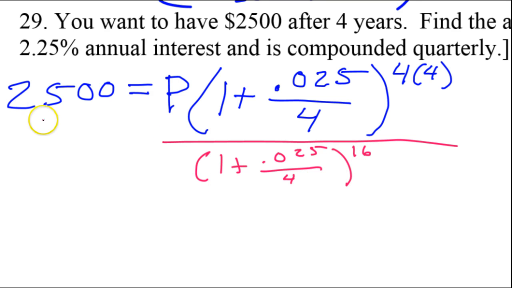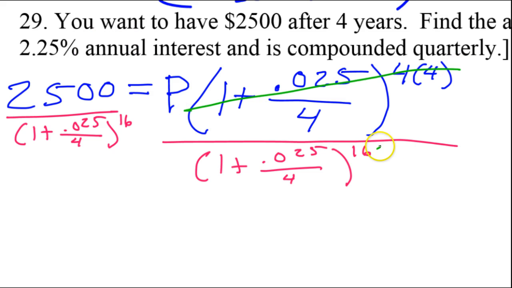I'm dividing by this. That way all this cancels out, and that'll just leave P. So this will give us the answer. So it's just a matter of putting this in the calculator.